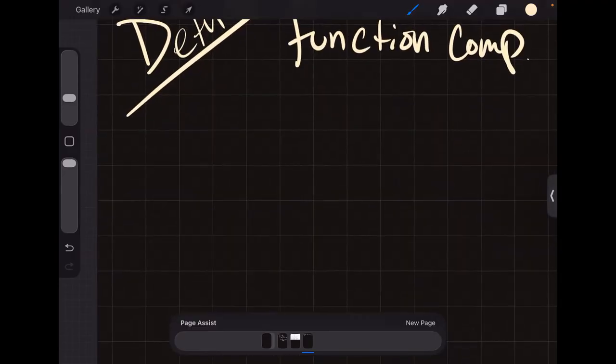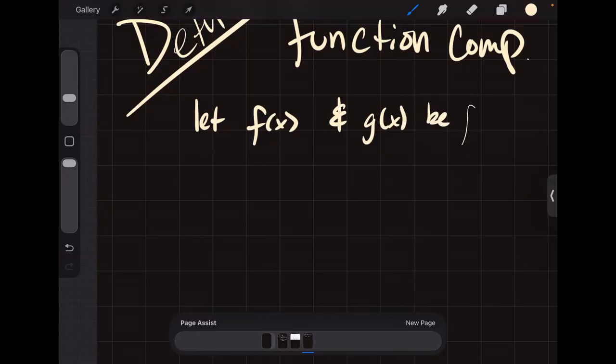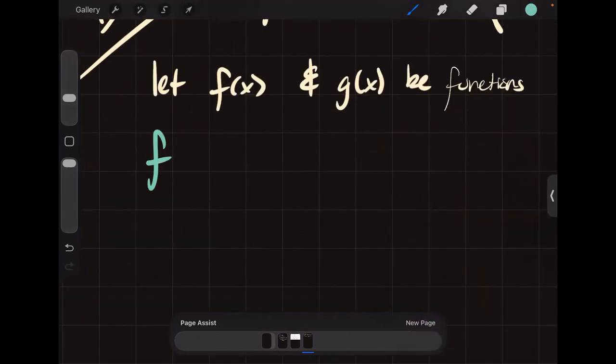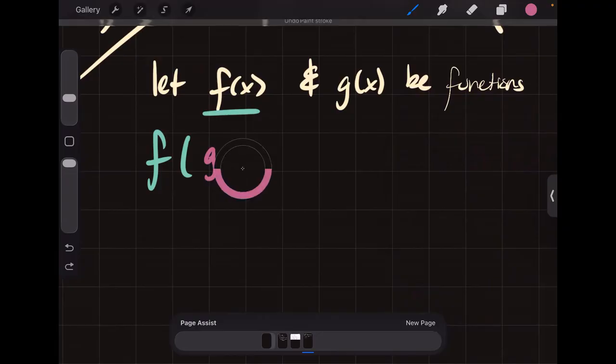Big picture, we're going to say let f of x be one function and g of x be another. Two ways to write this. f of g of x. I guess if you want, you can write x in white.